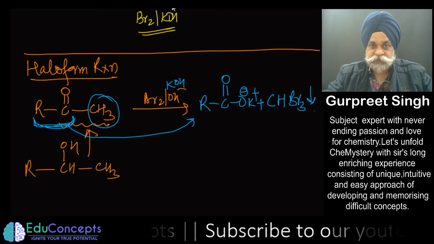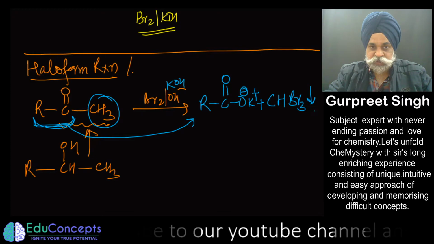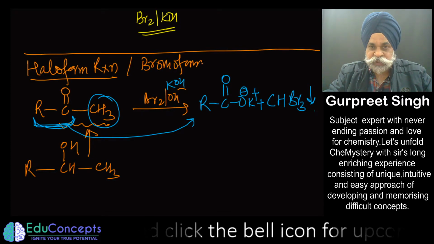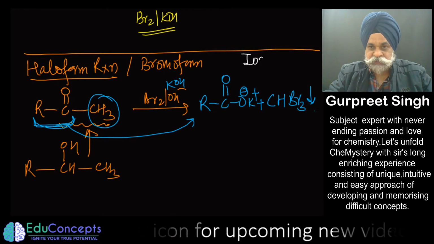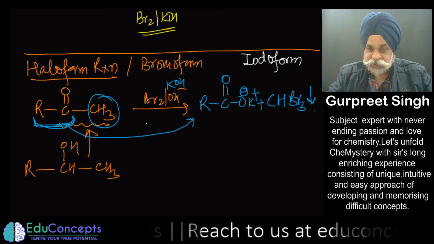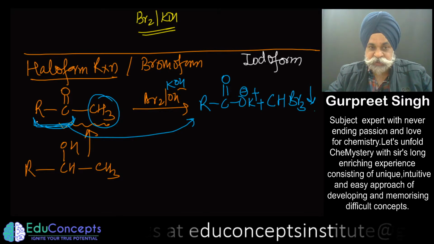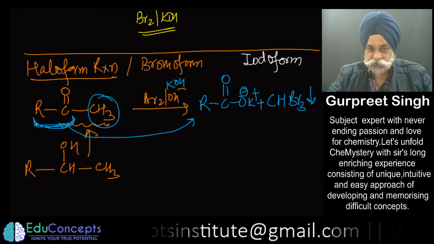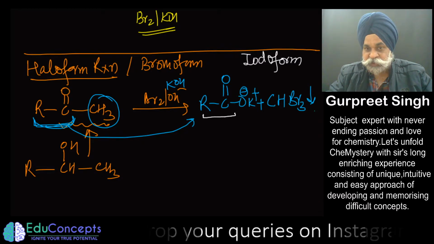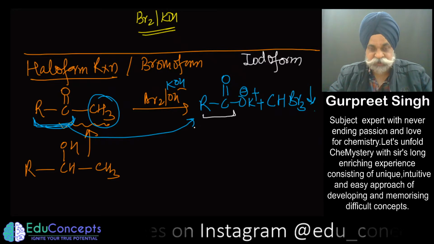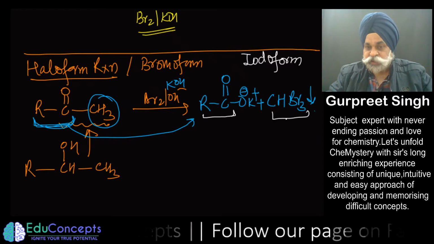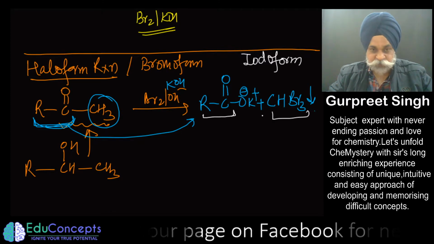So what you have to remember, this haloform reaction, or you can say bromoform reaction, or for that matter you may also think of iodoform reaction depending on the halogen being used. What is the logic? That the given aldehyde or ketone has been oxidized to carboxylic acid with one carbon less, and that carbon which is less has been precipitated as bromoform or iodoform or chloroform.